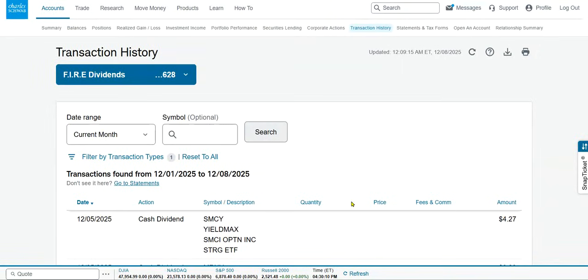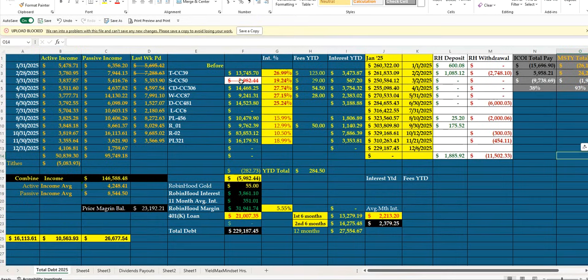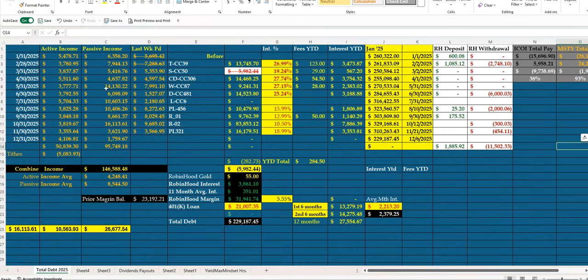So let's hit our Excel spreadsheet. For the month of December, since this started, we have $4,106.81 on our active income. Passive income prior, I guess we'll cover this from last week, that was 3,566.95, and we got some dividends.